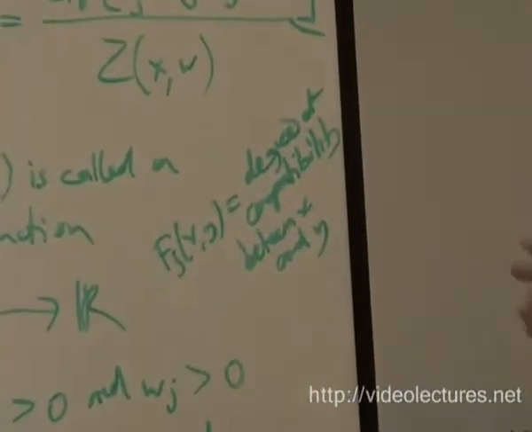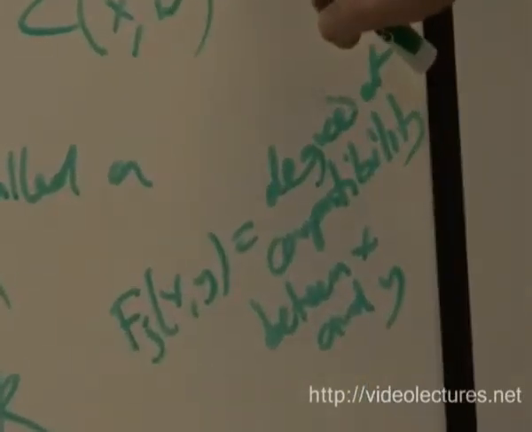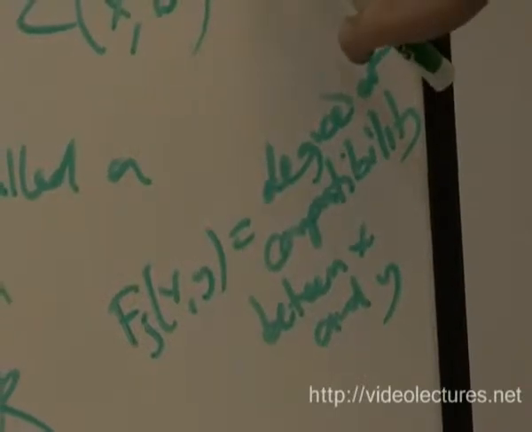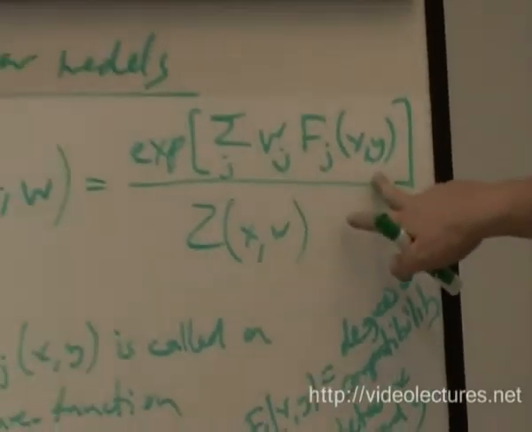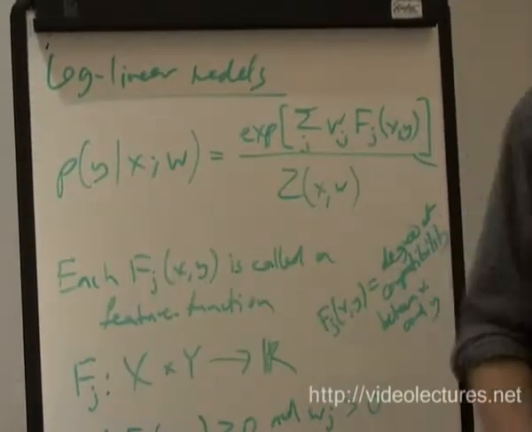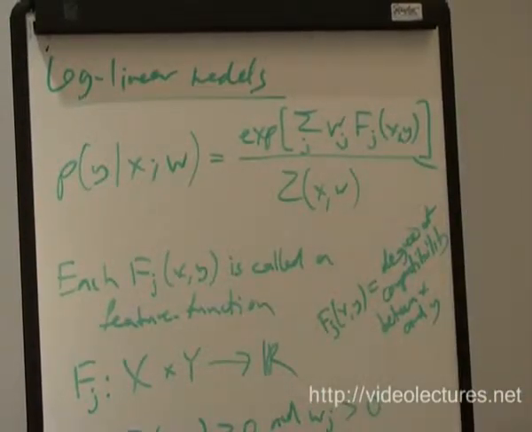If for a particular x and a particular y the feature function has a big number, and you have a positive wj, then that y is going to have a high probability.